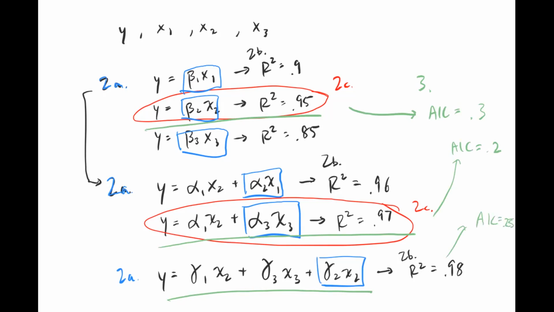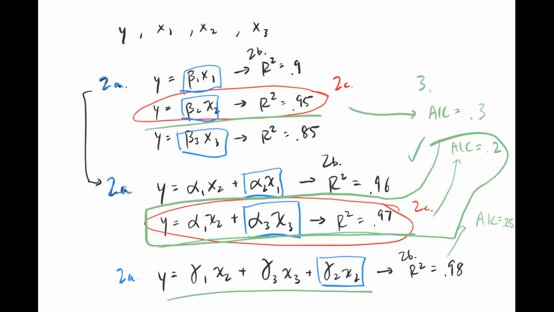And so in this case, we've decided that this model is the best one. So this is the procedure where I add one variable at a time, look at all the R squareds, pick out the best one, then move to the next step, add another variable, pick the best one.